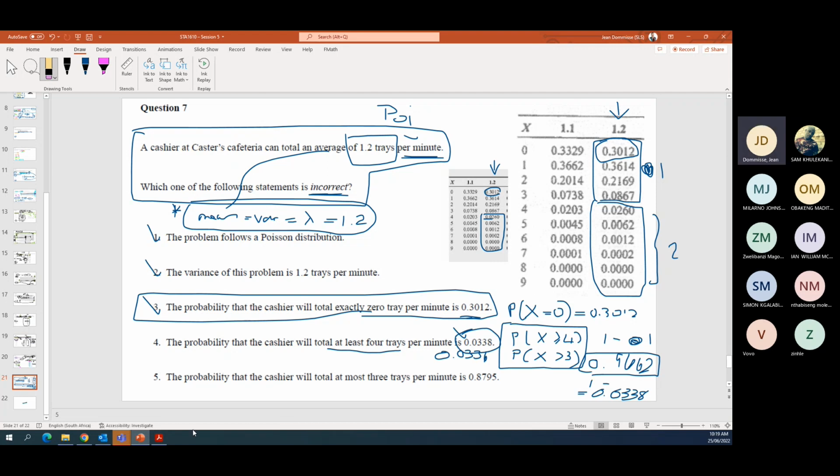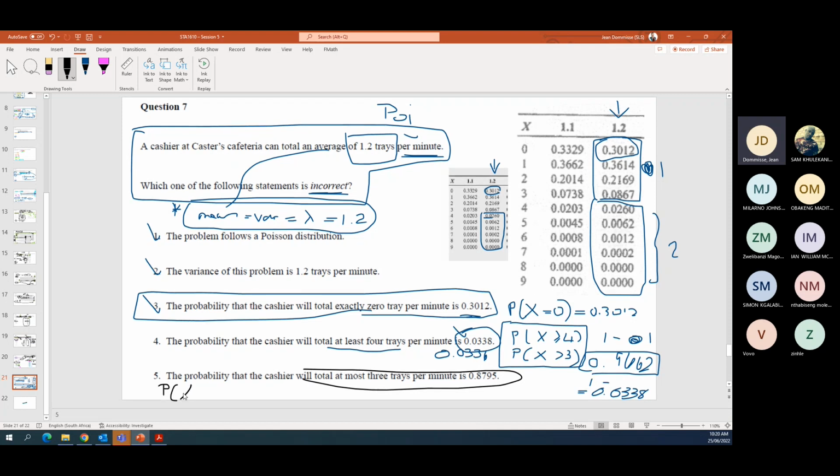Okay, so let's just look at the last one. The probability that the cashier would total at most three trays. So now it is nearly the opposite. So probability at most, so not more than three.